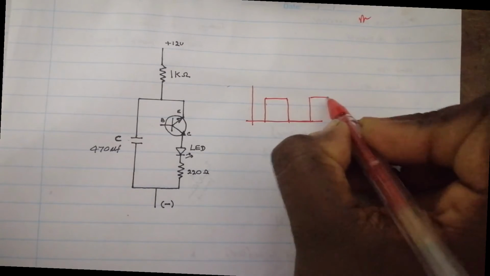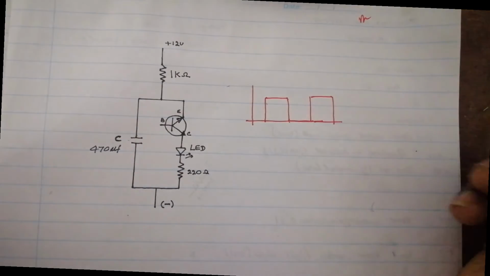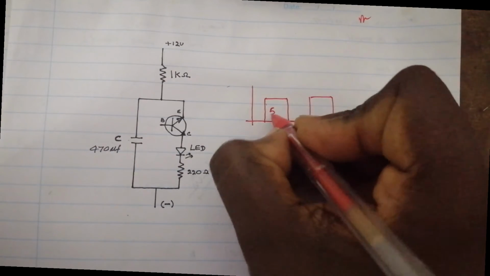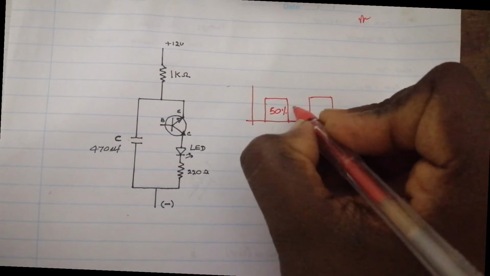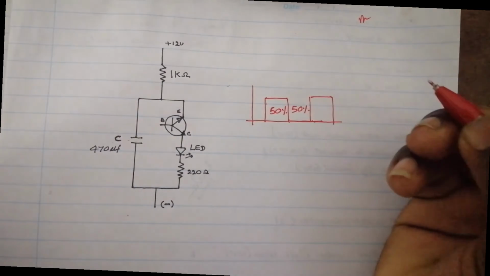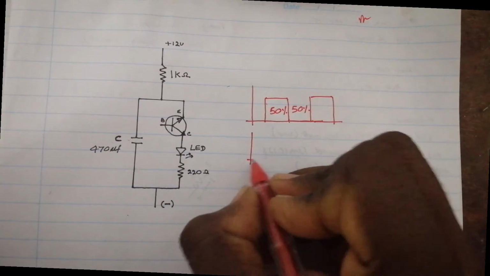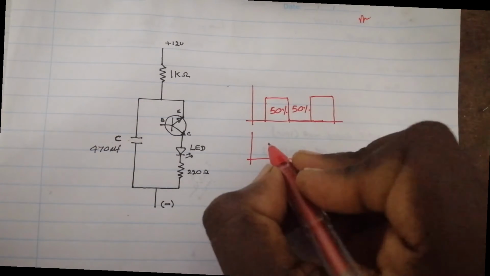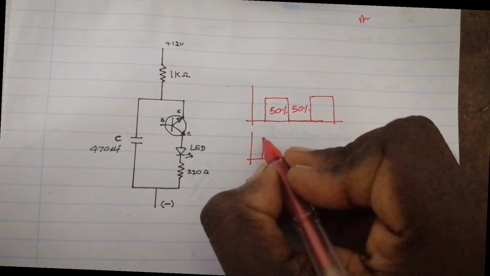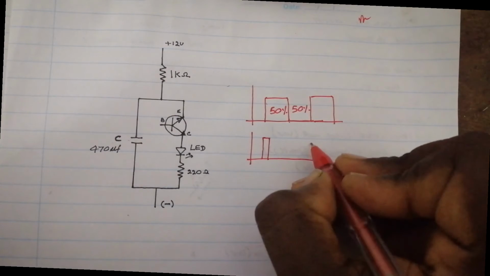It is something like 50-50. 50% of the time it is turned on, 50% of the time it is turned off. In order to build our own LED flasher circuit for our RC aircraft, the on time should be smaller compared with the off time.